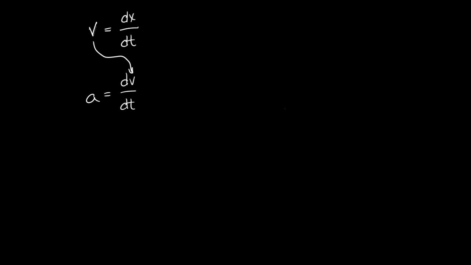The acceleration is the derivative of velocity with respect to time, but velocity is the derivative of position with respect to time. So it is possible that I could write the acceleration as the operation of the derivative on the differential of velocity.